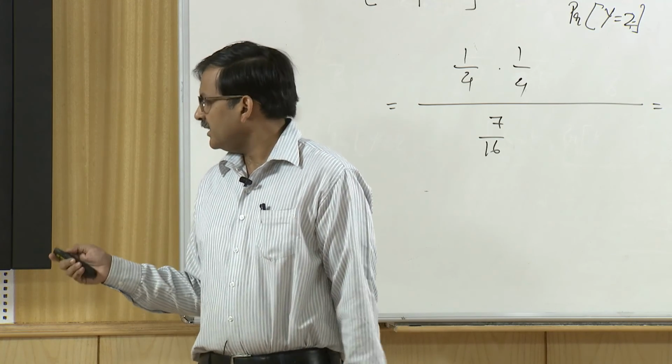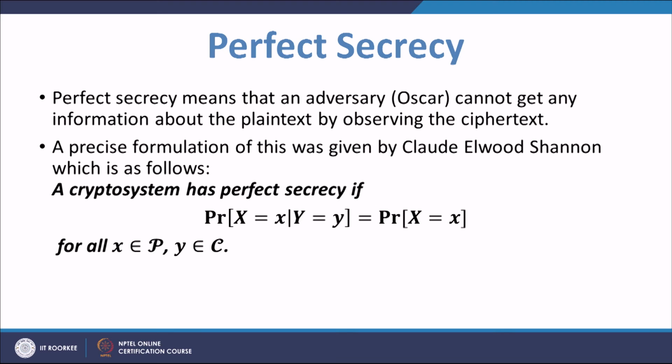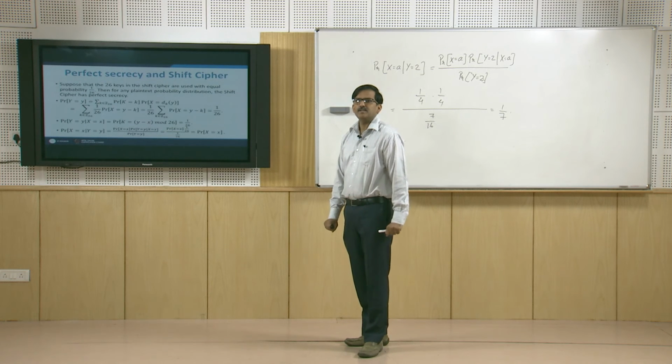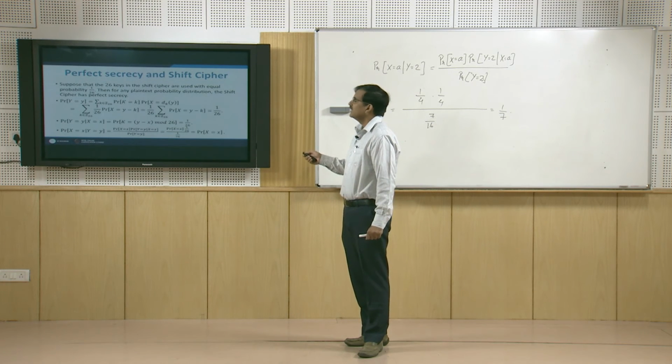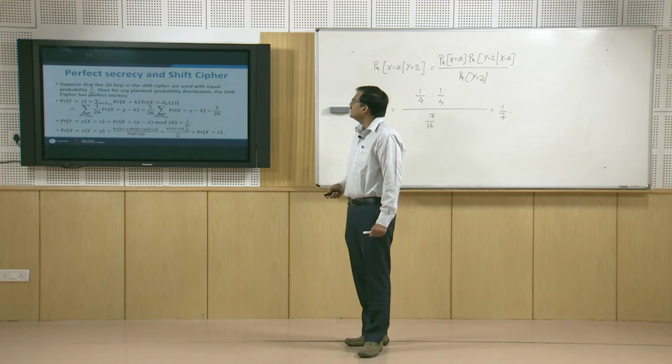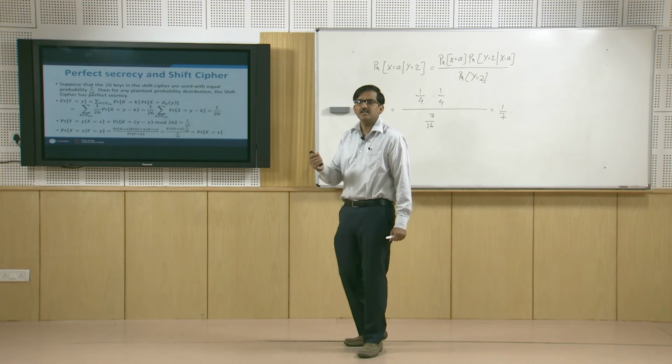But if there is a cryptosystem for which this is true for all x and y, then it has perfect secrecy. And now the example of such a cryptosystem. Interestingly, such a cryptosystem is the shift cipher with a condition.